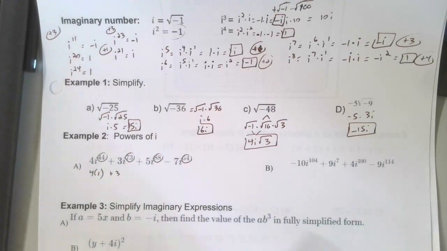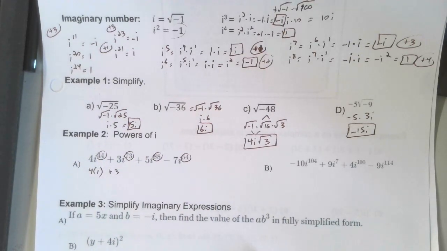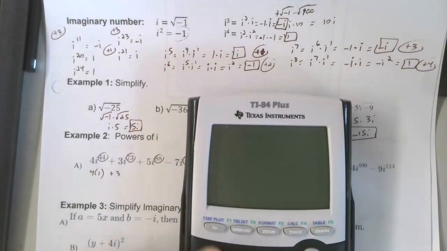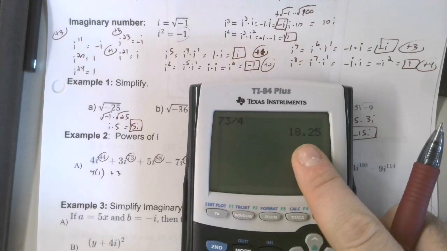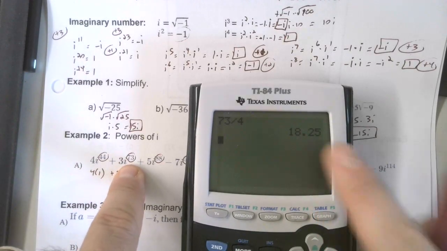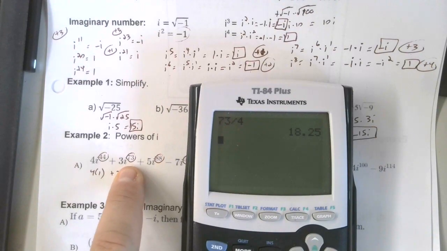i to the 73rd is not divisible by 4. So what you could do is divide it by 4 to see what it is. Notice it's not there. So the nearest number underneath 73 that is divisible by 4, you can check. 72 divided by 4.